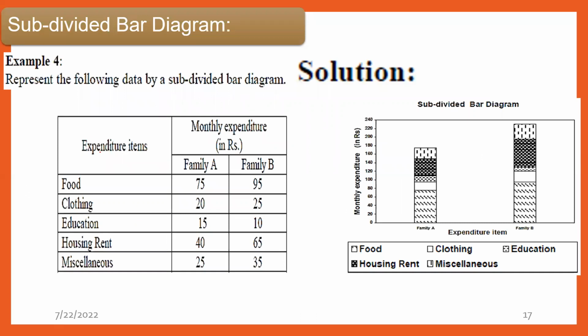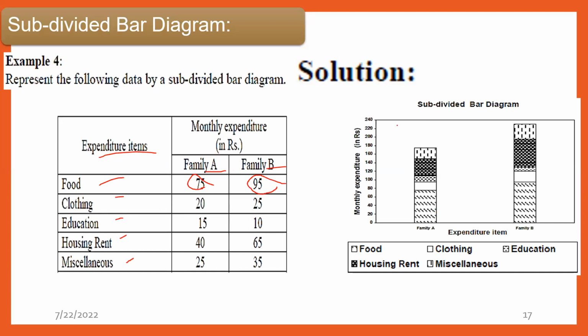See here, expenditure items like food, clothing, education, house rent, miscellaneous. Now each family has such kind of expenditure. So here we are comparing two families, family A and family B. Each family's monthly expenditure is given in rupees. For food, family A is 75 and family B is 95. For each item the expenditure is given.